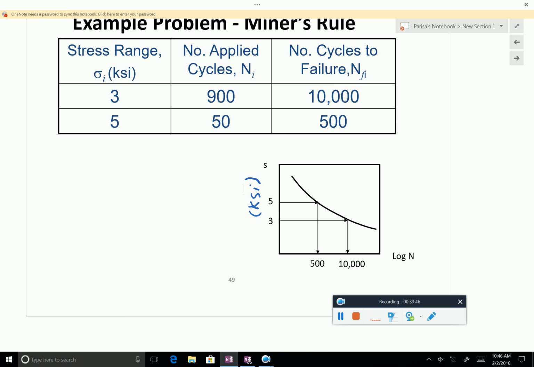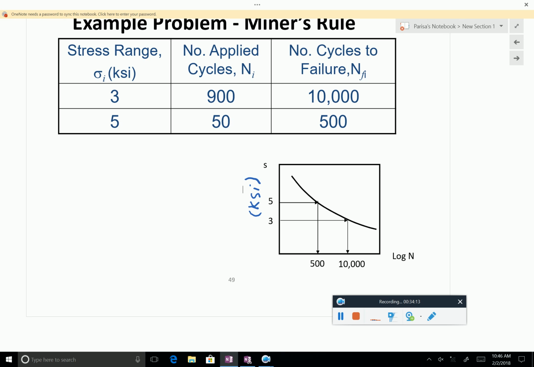The difference between this and the previous discussion was that there we only had one stress level. Now what happens if we have more than one? Using the linear rule, we look at the number of cycles over the fatigue life at each stress level, calculate it, and then sum them up and make sure that it is less than 1.